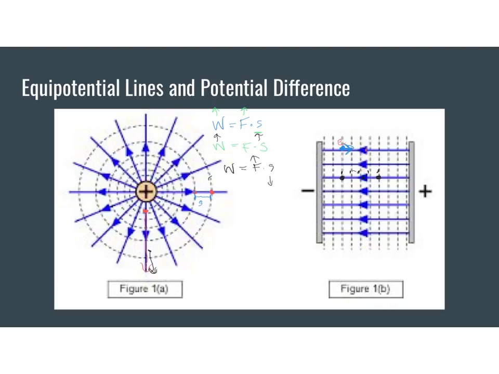Because if you're going against the force, you're giving the electric field a chance to do more work, okay? And that's a real key, especially for some of the critical thinking type questions, that the electric potential will be increasing in the opposite direction to the force, from the force line.